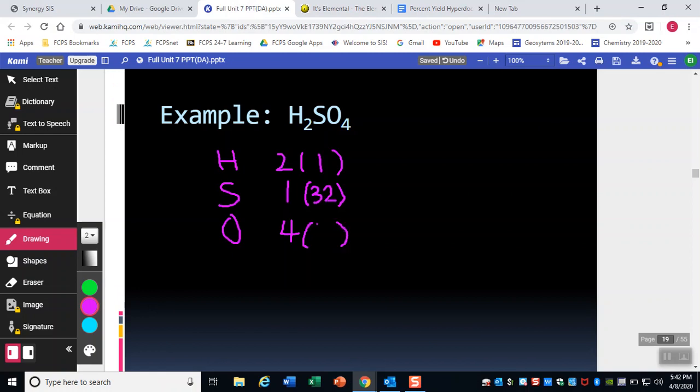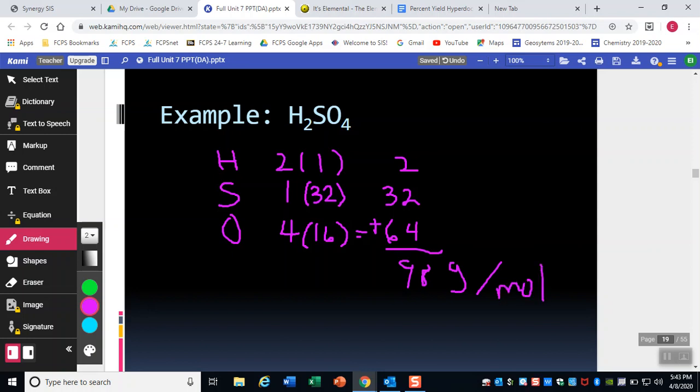And oxygen is 16. So that's 2 plus 32 plus 64. 4 times 16 is 64. Then I'm going to add these 3 to get the total molar mass. There's 98 grams per mole of sulfuric acid.